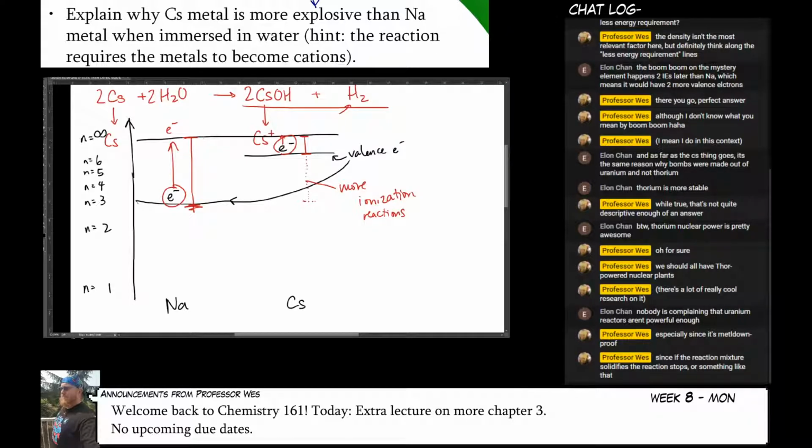In other words, if I'm getting this much energy back overall, I'm getting way more with cesium, and you see that as a faster reaction. So if more energy is available, more atoms get ionized more quickly.